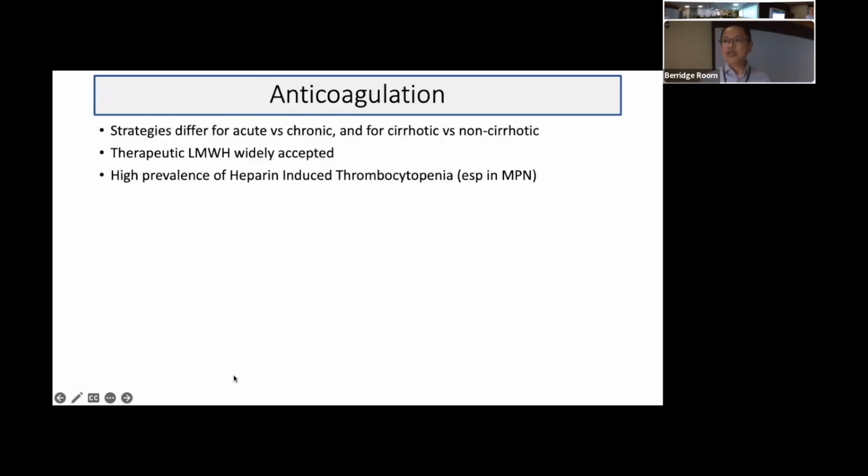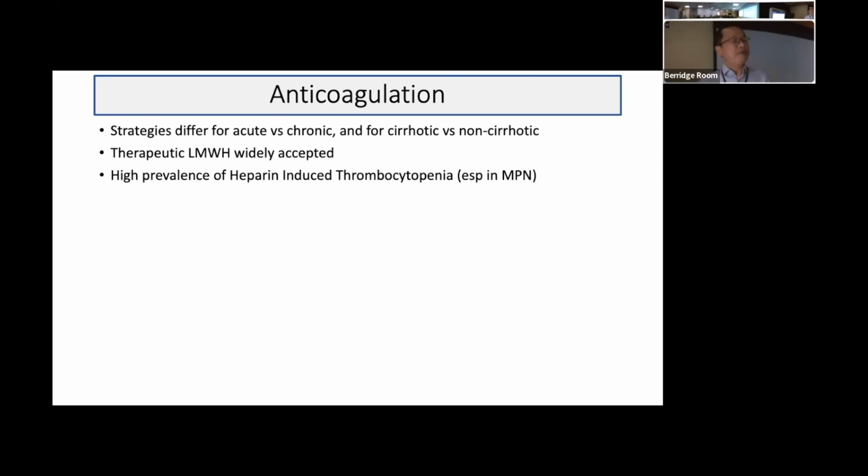So something to remember. I mentioned anticoagulation. The strategies also differ for acute versus chronic, for cirrhotic versus non-cirrhotic. As a whole, low molecular weight heparin has been used widely for patients presenting with thrombosis. And we do have to bear in mind there is a high prevalence of heparin-induced thrombocytopenia, particularly in patients with myeloproliferative disorder.